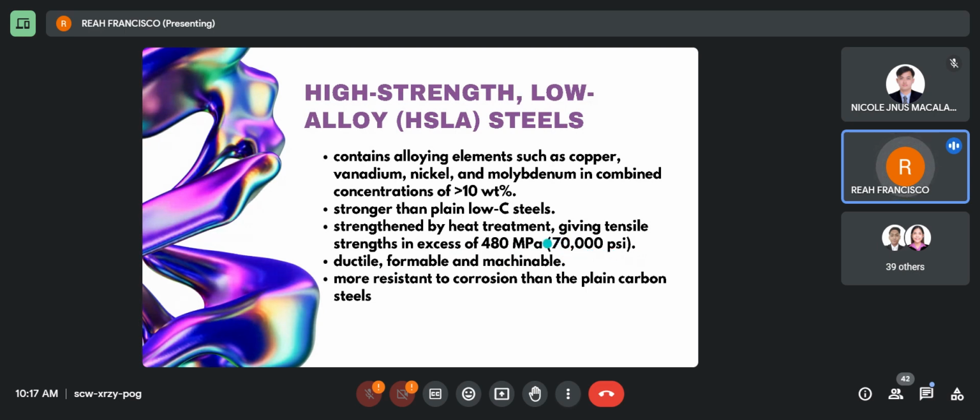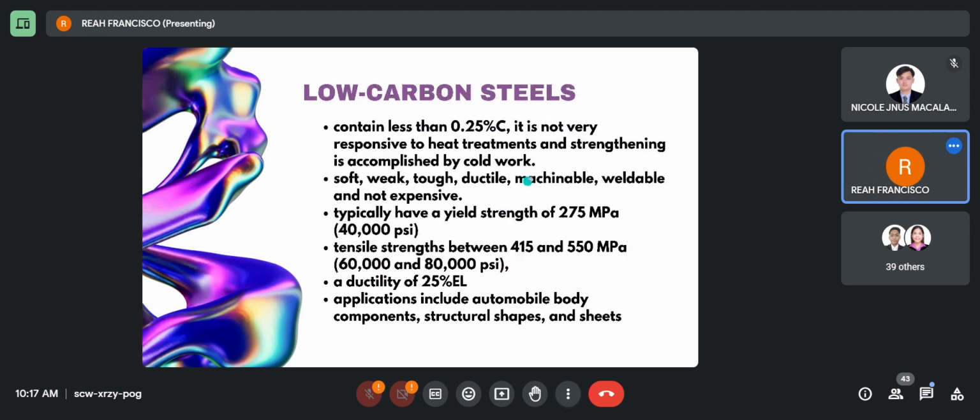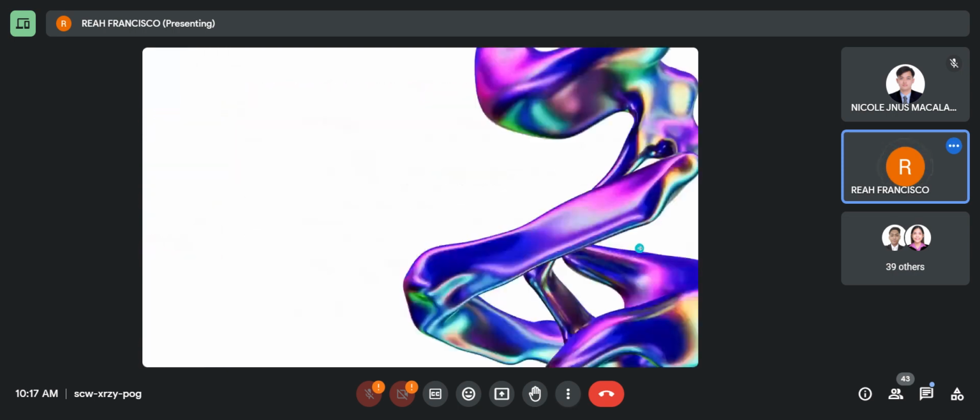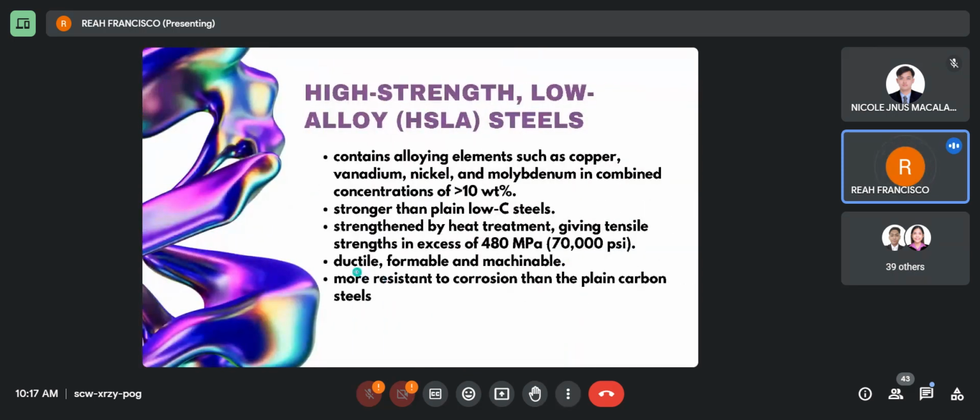Compared po dun sa plain low carbon steel, makikita po natin na ang strengthening po niya ay accomplished by cold work. And HSLA or high strength low alloy steels are ductile, formable, and machinable. And it is more resistant to corrosion than plain carbon steels.